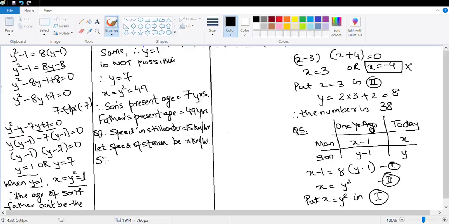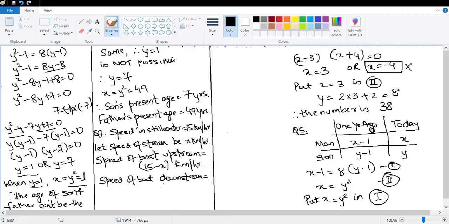So speed of boat upstream, which means when it's going against the speed of the stream, it will be 15 minus x kilometer per hour, and when it is going downstream, speed of boat downstream will be speed of boat plus speed of the stream, which means 15 plus x kilometer per hour.